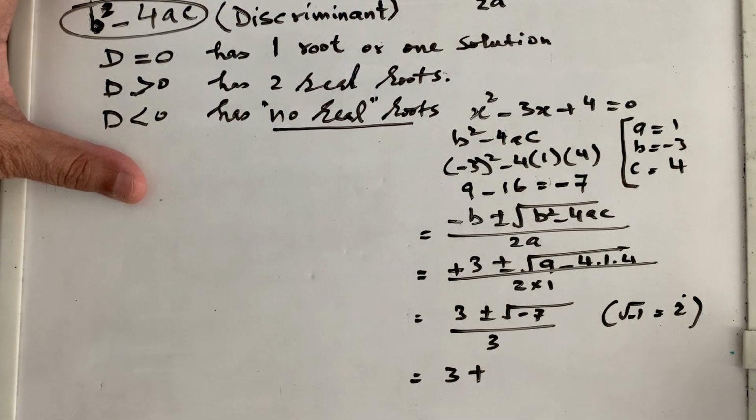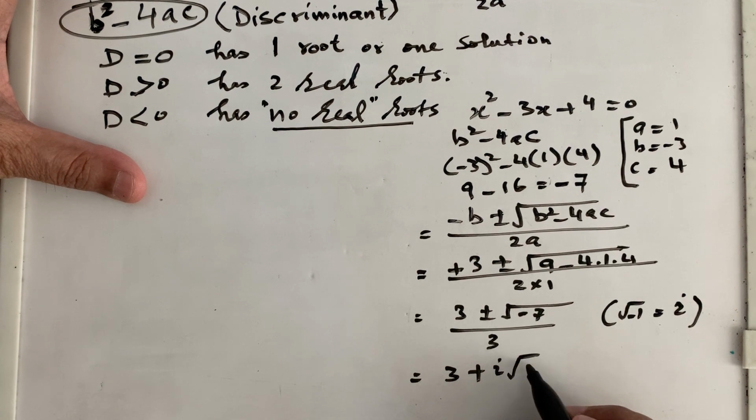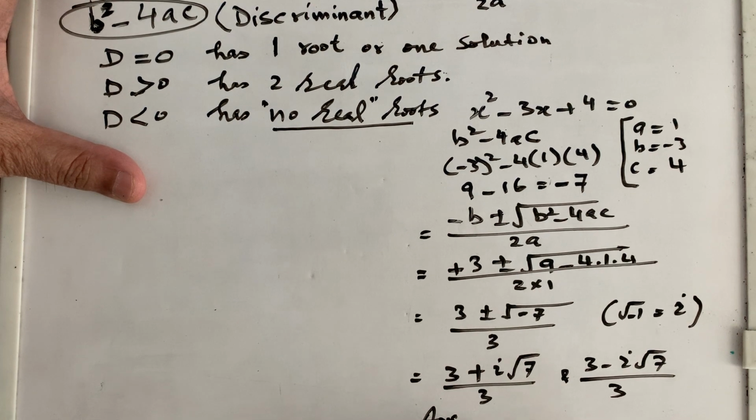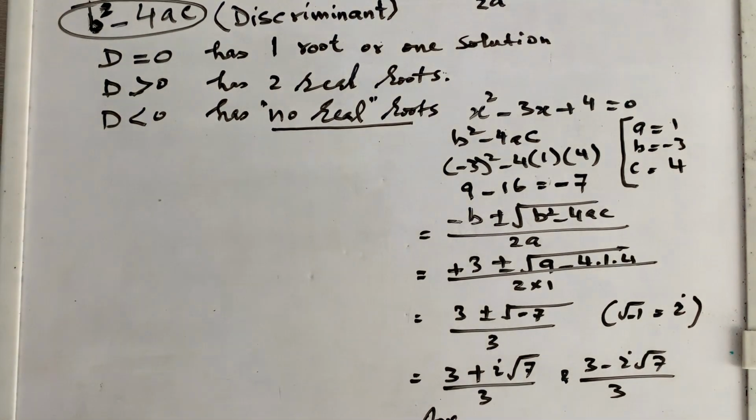We have another class on iota, what are the imaginary numbers. So I can say iota. So minus 1 is gone: 3 plus iota under root 7 divided by 3, and 3 minus iota under root 7 divided by 3. So we have two roots, but these roots are imaginary roots. They are not real roots, right?